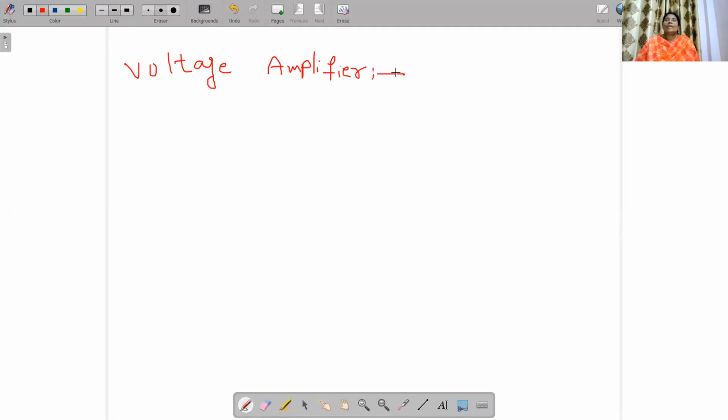Then we have to find out the input resistance as well as the output resistance. Now tell me, what is the input and output? Input is a voltage source and the output is also a voltage source. Voltage source is nothing but the input side. We have to use the Thevenin equivalent model on both sides, that is, voltage sources on both sides.